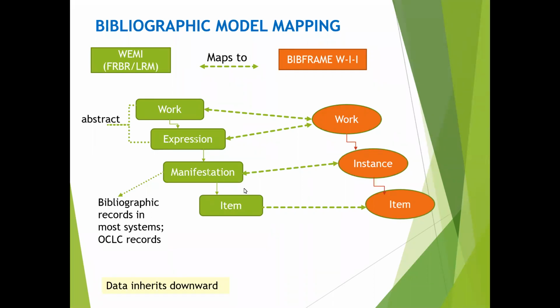But because we do not have systems, and your ILS probably doesn't do this yet either, because we don't have systems that allow us to create this hierarchy of data for our bibliographic information, it just all gets stuck into manifestation. So the manifestation record is a collapsed version of the W, E, and M. So hopefully that helps make sense of why I know there's subject headings in that record.